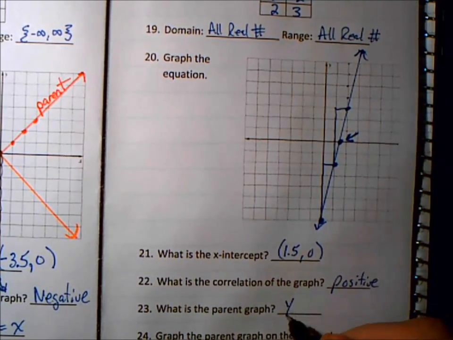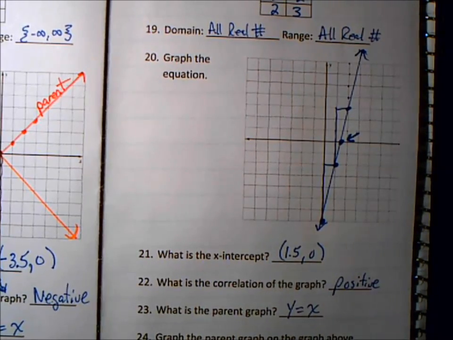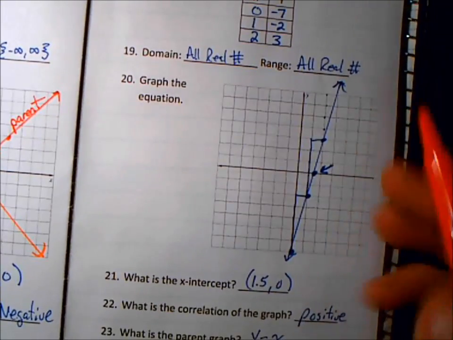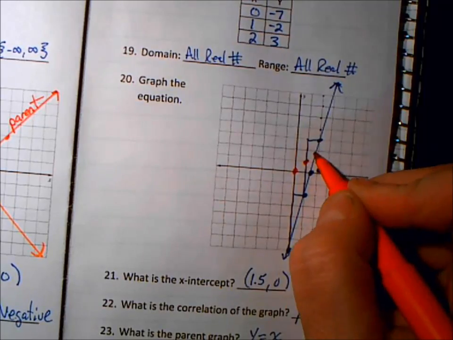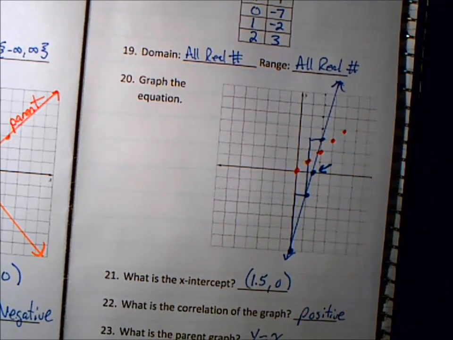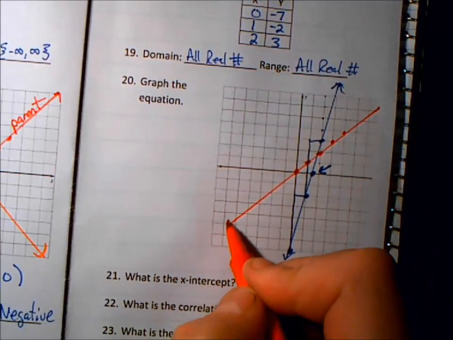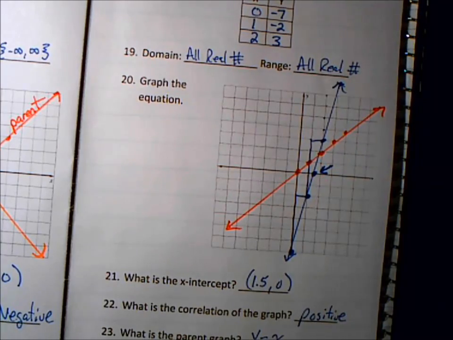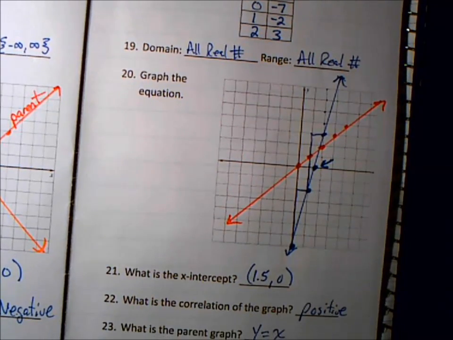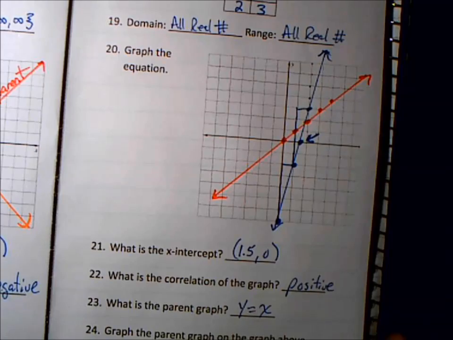The parent graph is y equals x, and I want to graph that equation. Remember, that is the equal points 0, 0, 1, 1, 2, 2, 3, 3, all the way. And then I need to describe the change.